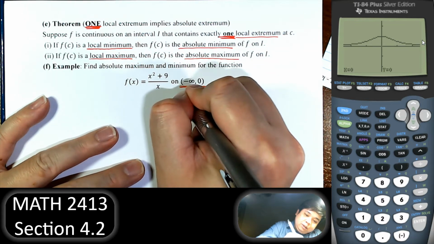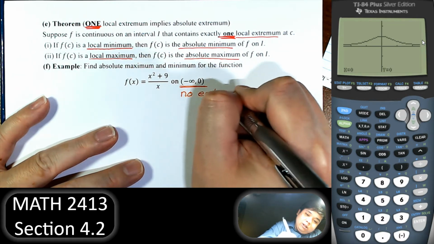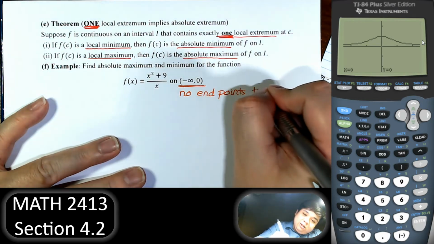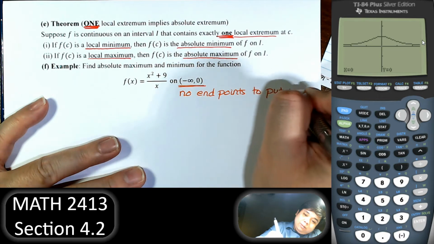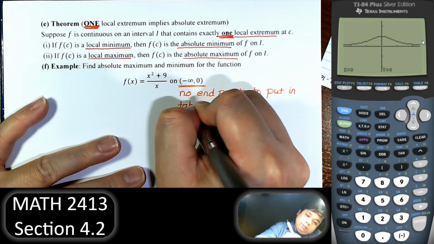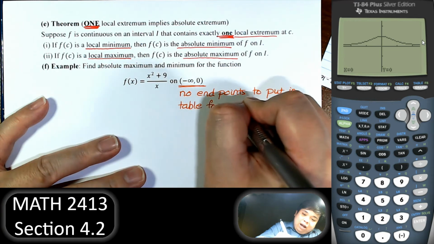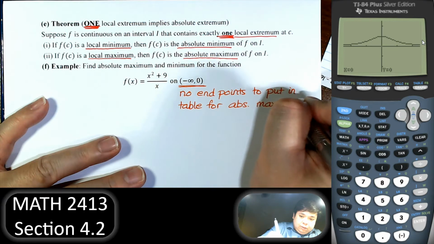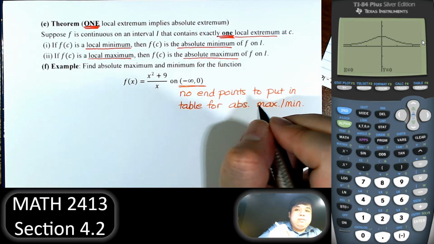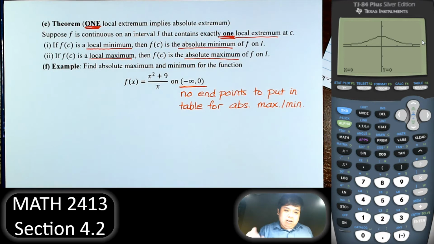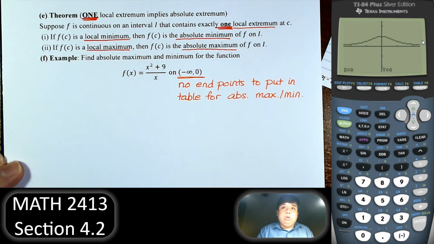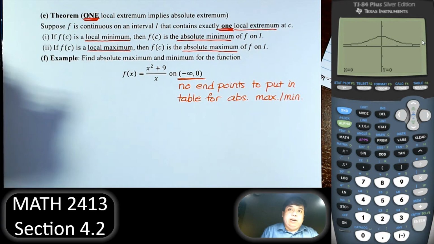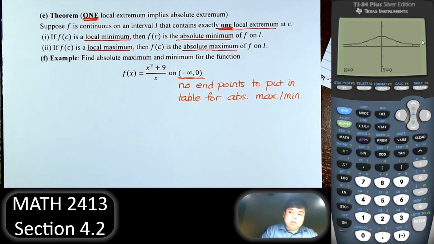There's no endpoint to put in the table for absolute max or min. So we have to do it differently. We can still do that, but we'll talk about that in a minute. So we still do this kind of like what we did here. So we have to use the theorem here. Right. So let's do that.